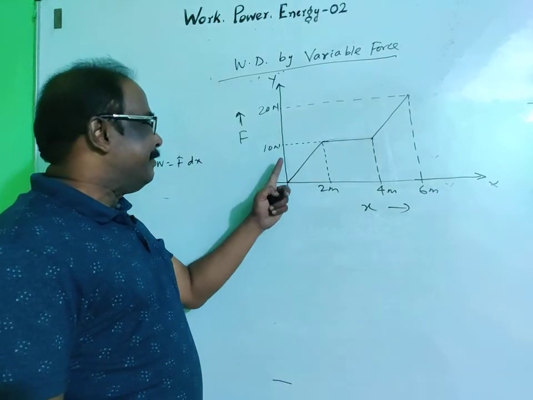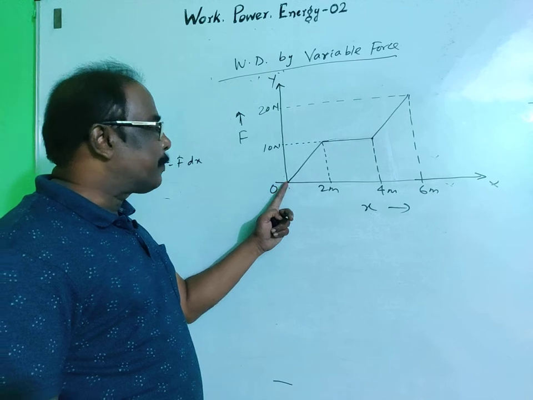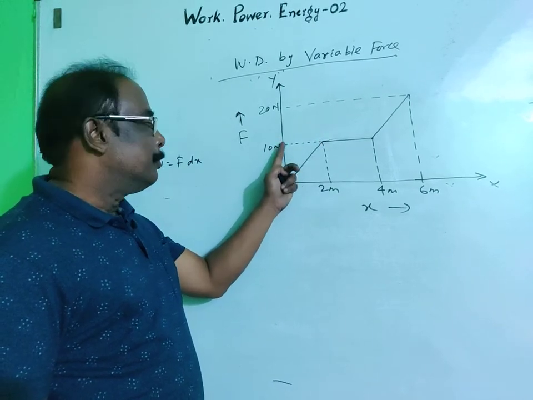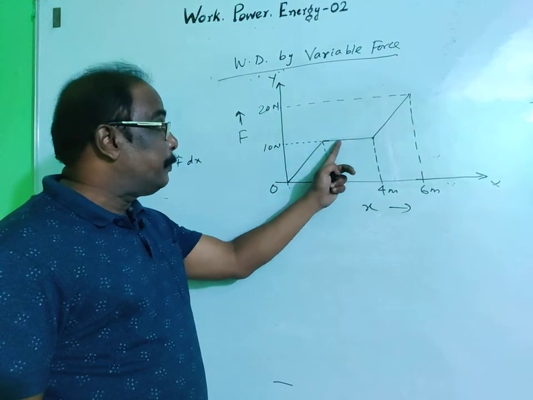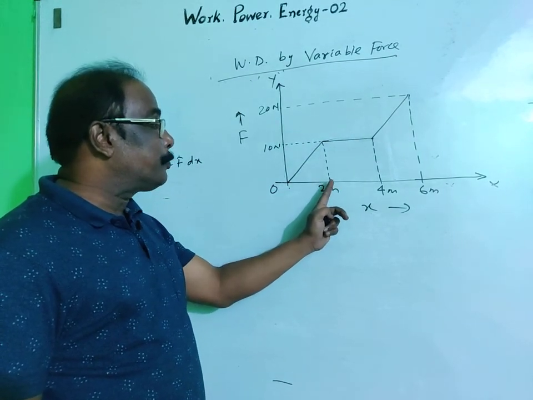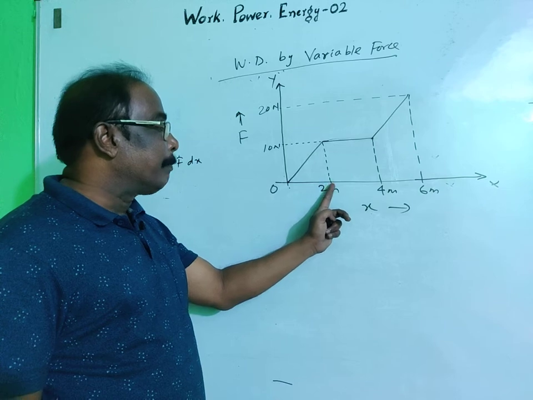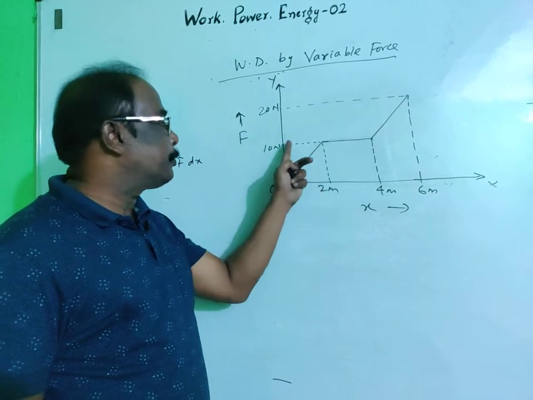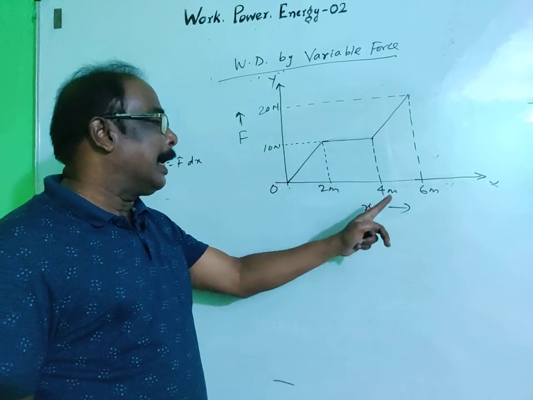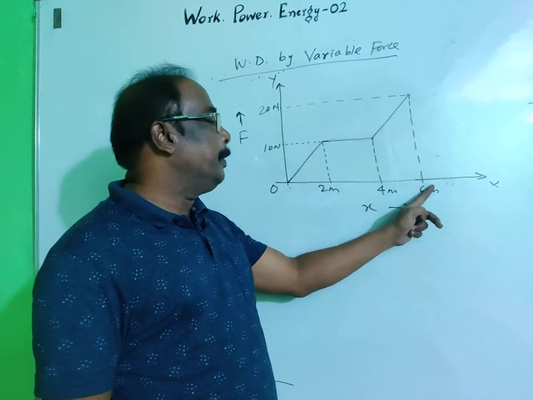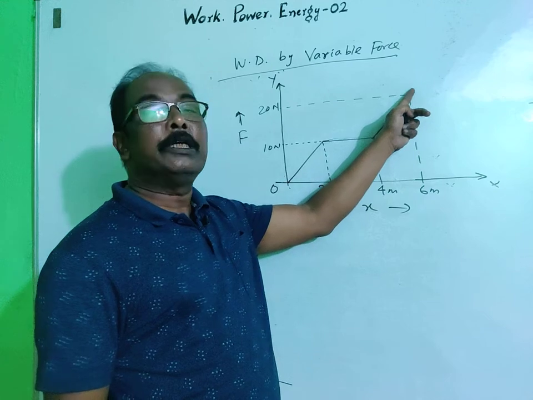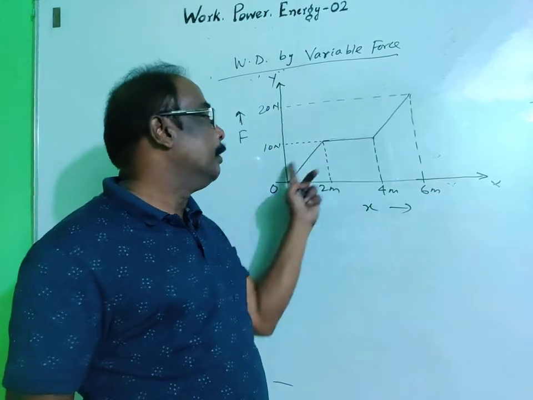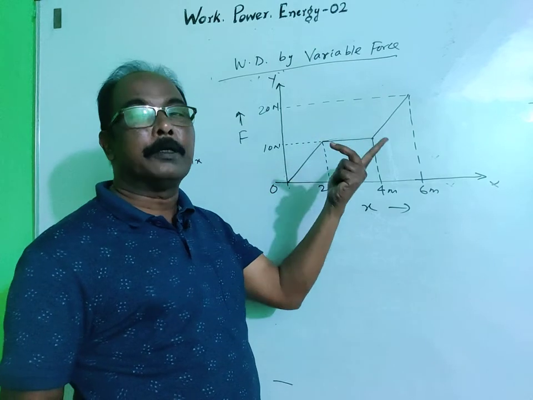See, first force increases from 0 to 10 Newton, so this is variable force. But the force which displaces the body from 2 meter to 4 meter is constant, means 10 Newton. Thereafter, for displacement 4 meter to 6 meter, force is increasing from 10 Newton to 20 Newton. So this is variable, this is constant, this is variable.